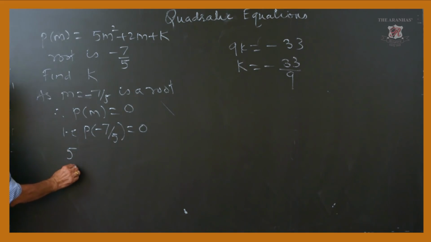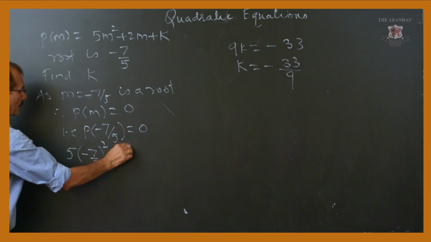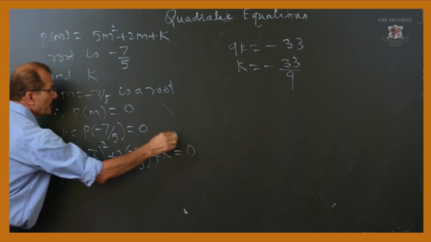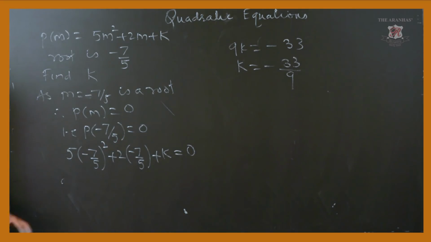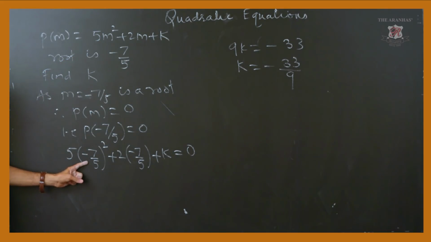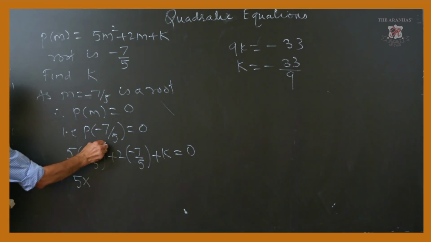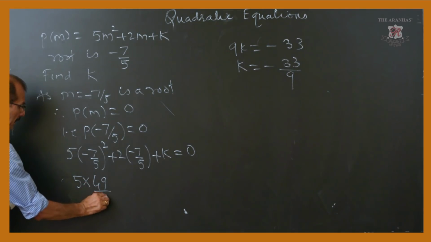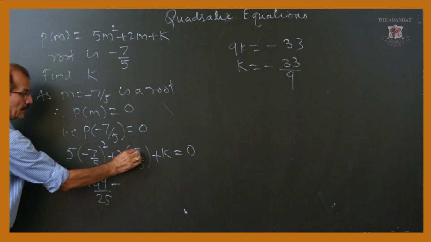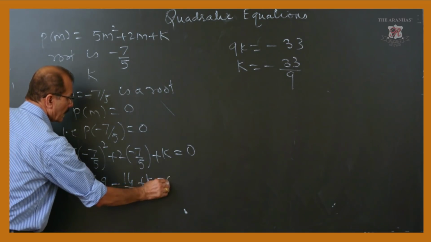So, 5 will remain as it is. What is m? 5 into minus 7 upon 5 square plus 2 into minus 7 upon 5 plus k is equals to 0. I hope this is clear to you. In this polynomial, you have to put the value of m equals to minus 7 upon 5. Now, open this. 5 into minus 7 square is 49 upon 25, plus into minus is minus, 2 into 7 is 14 upon 5, plus k is equals to 0.